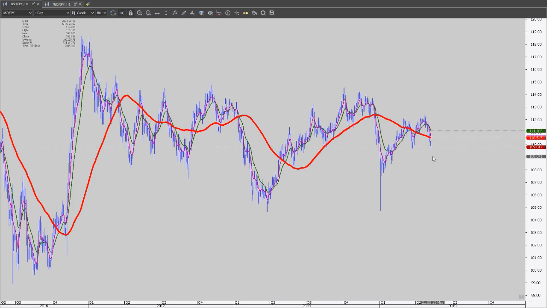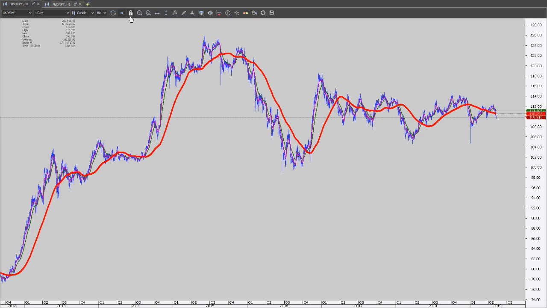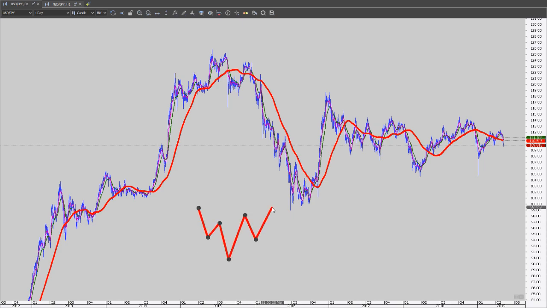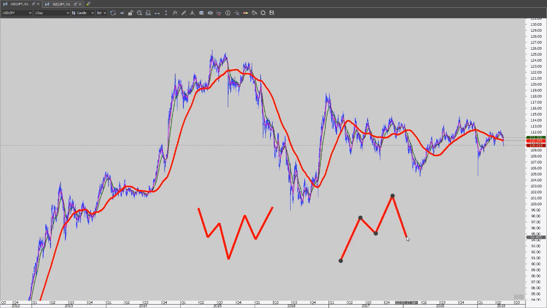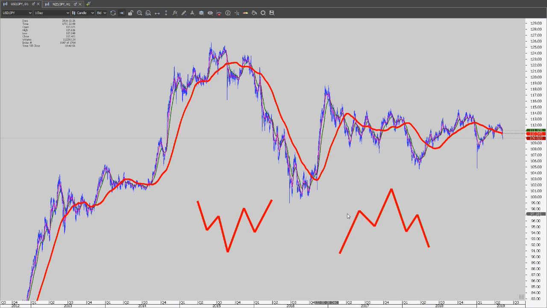Compress the chart, try to find as many crown formations as possible, as many crown reversals as possible, and as many crowns as possible. This is the homework. USD JPY daily chart, try to find crown reversals and crowns, and try to understand where you would lose or make pips because of the crowns.